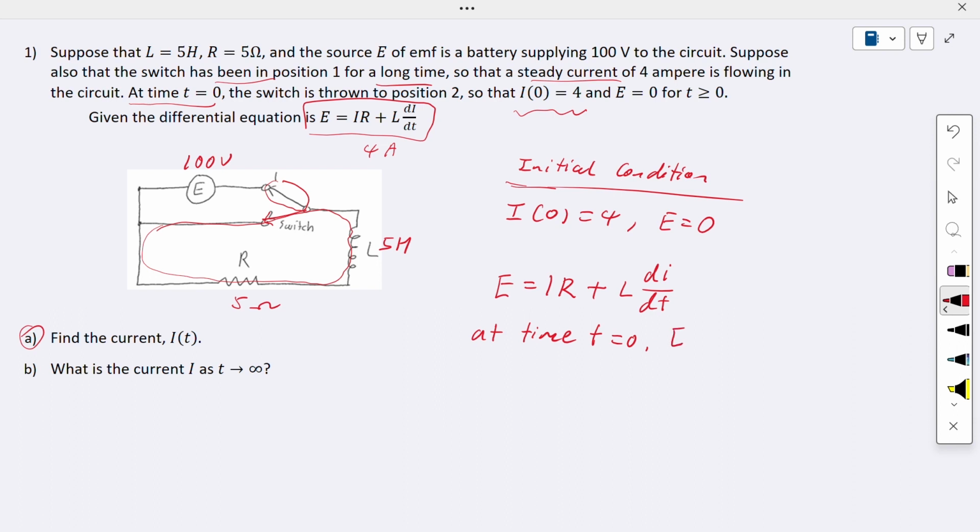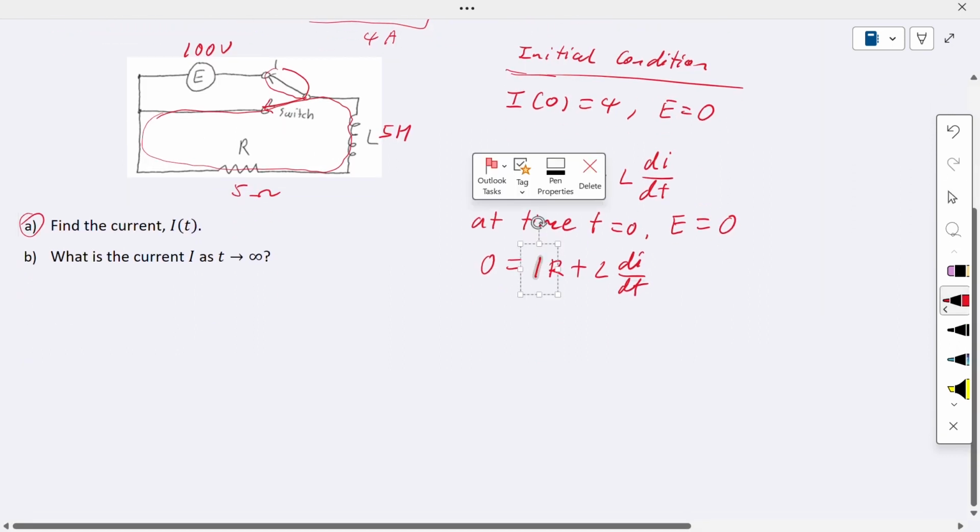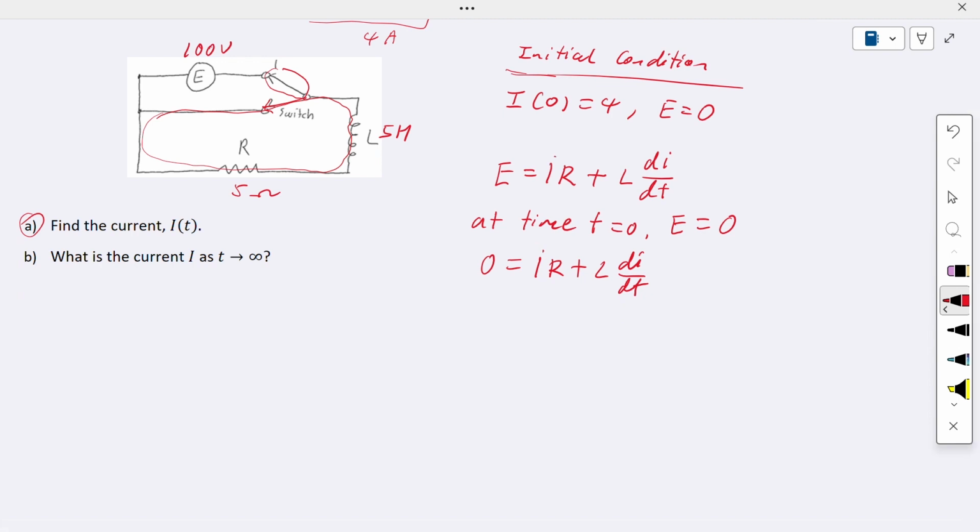At that time, E will be equal to 0. So we substitute here: 0 equals IR plus L dI over dt. Now we can rewrite this: L dI over dt is equal to minus IR.